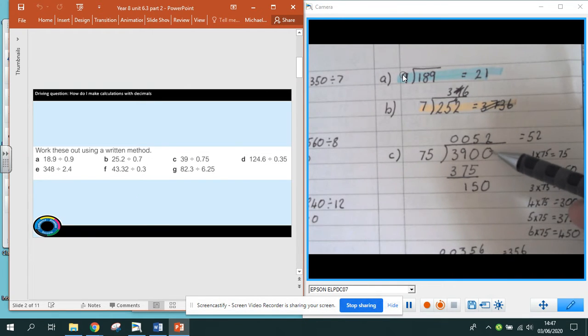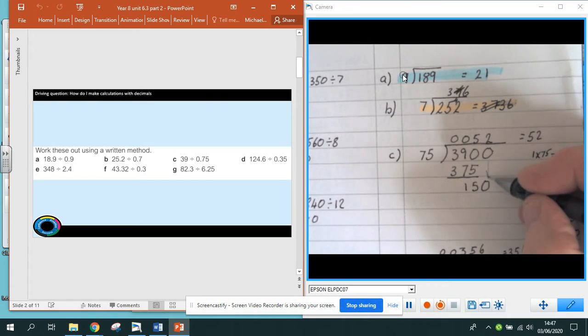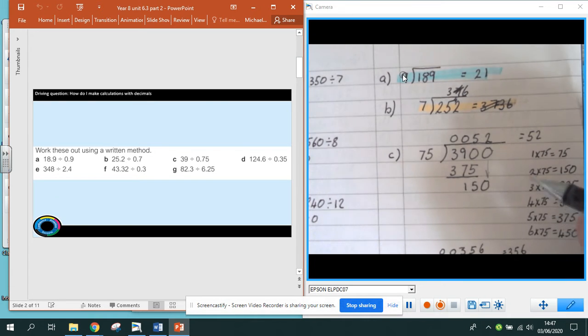I bring down my next number, which is a 0. So that gives me 150. I can look back here, look at that, 2 75s are 150. So that must be a 2. Fortunately, there is no remainder, so I don't have to do any more taking away. So my answer is 52.